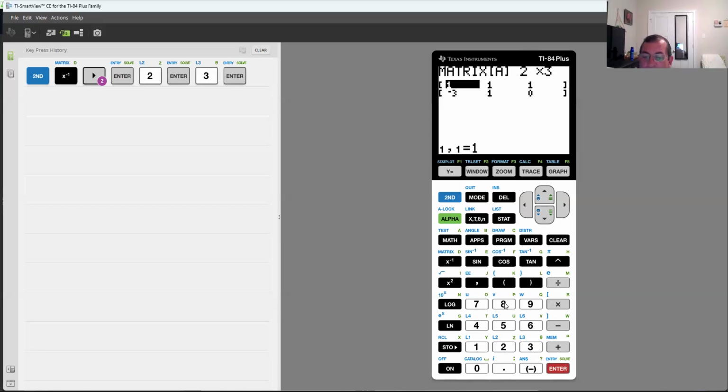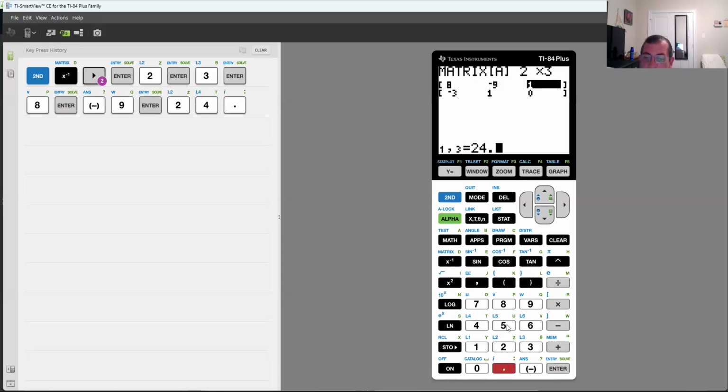We had an 8 for the first X, enter. So you hit each number and enter each time, okay? I had -9y, so that'd be -9, enter. And then that equaled 24.5. And enter. So y'all, there's my first row. Now I'm going to come in and get the second row put in there.